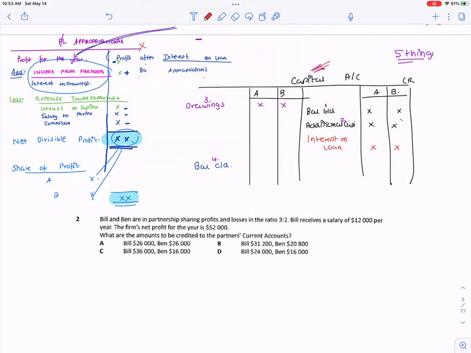Am I clear? Jonathan, what are the 5 things that come in the capital account but do not come in the appropriation account?